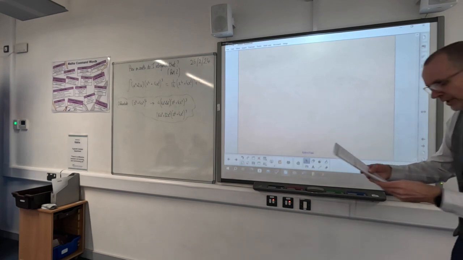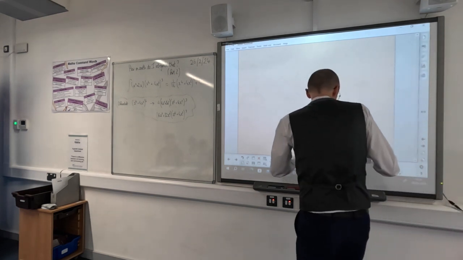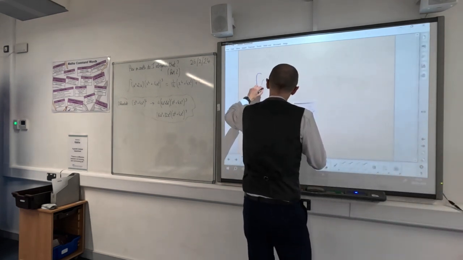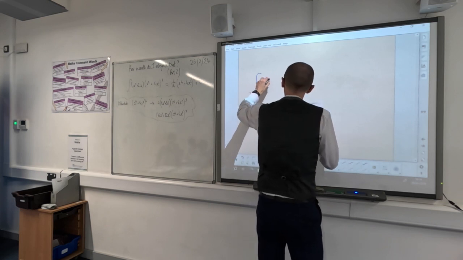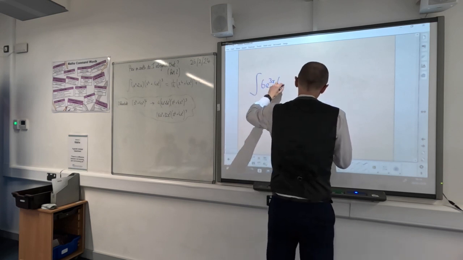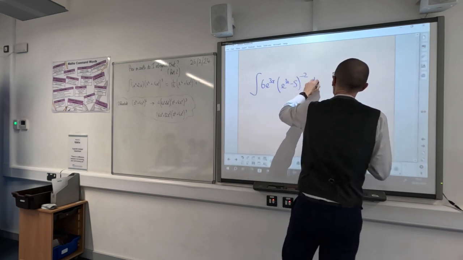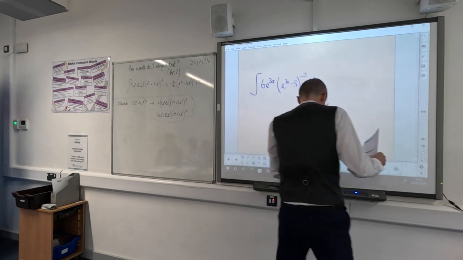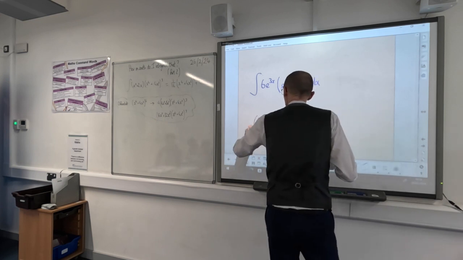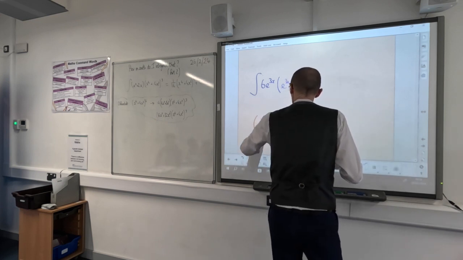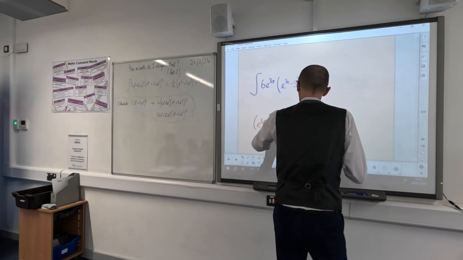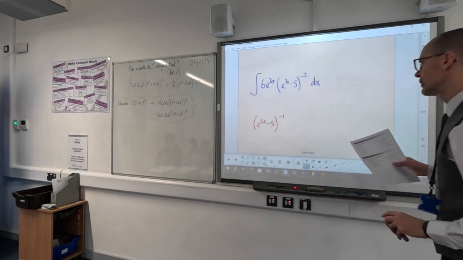So E, I'm going to start by rewriting it as 6 e to the 3x times e to the 3x minus 5 to the power minus 2, which means that it's something to do with differentiating something to the minus 1.